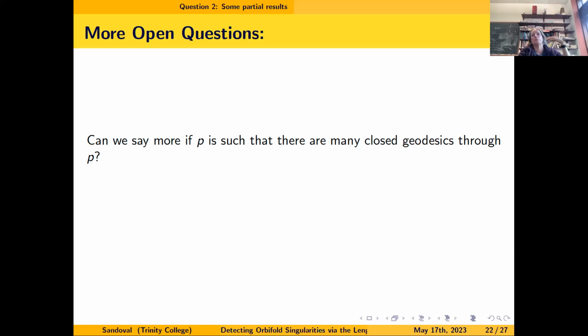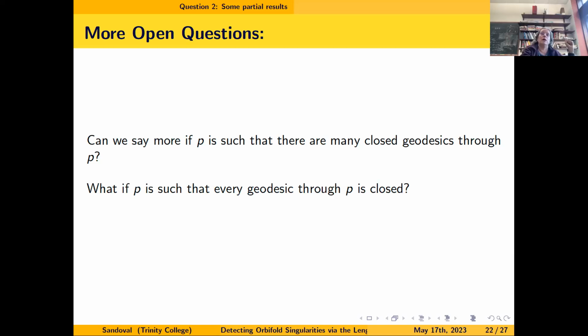So the more closed geodesics passing through P of any length that you have, the more information you're going to get about the isotropy. So, if you happen to be in a situation where you have a lot of closed geodesics through a singularity, then you're going to get more and more information about the isotropy at that point.